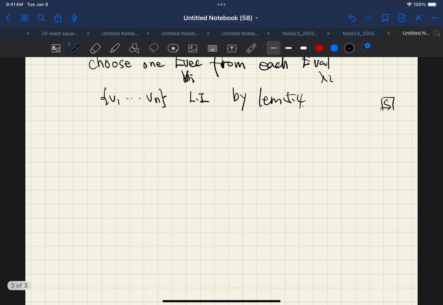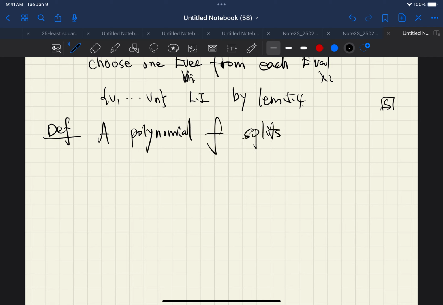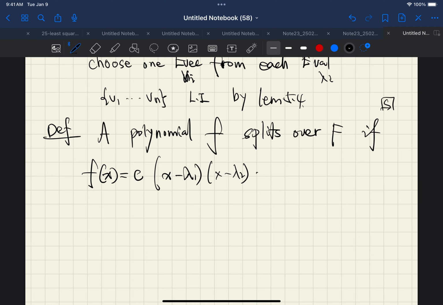Now, for further investigation, we need a new concept. A polynomial f splits over F if f of x is a constant multiplied by (x minus lambda 1), (x minus lambda 2), could be many, up to (x minus lambda k).